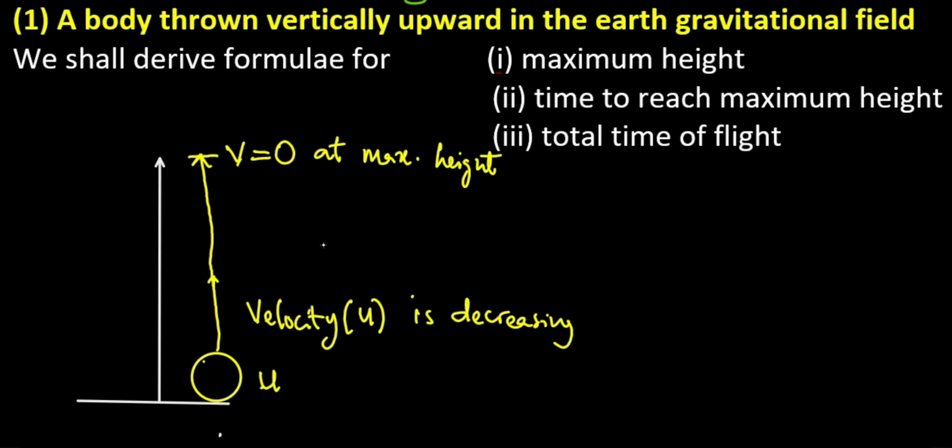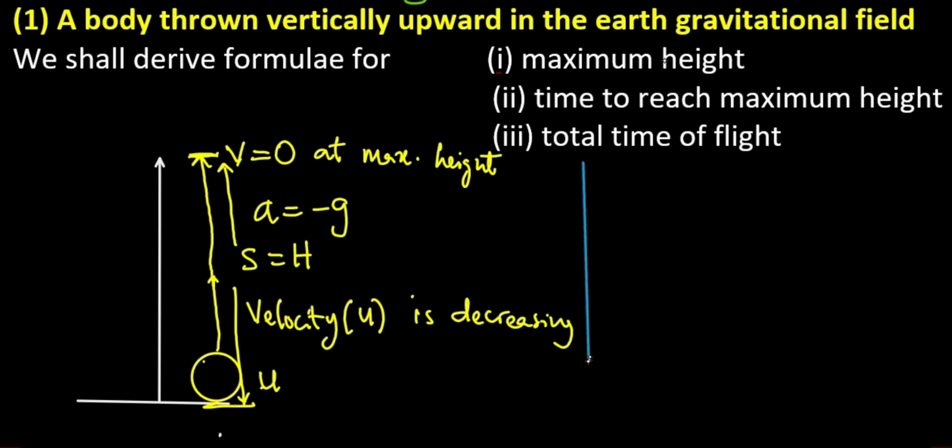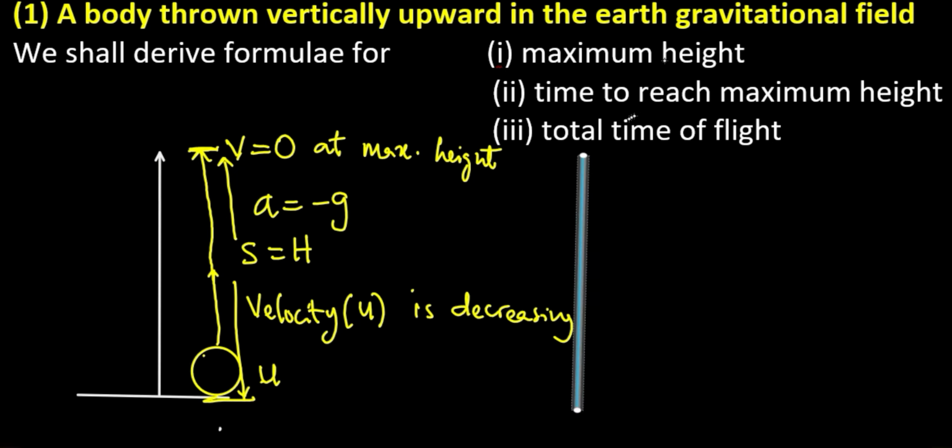We have our h there, that is the height. s is equal to h, the distance. Acceleration due to gravity is equal to minus g because it is thrown against gravity. Now we use one of our formulae to get the maximum height.